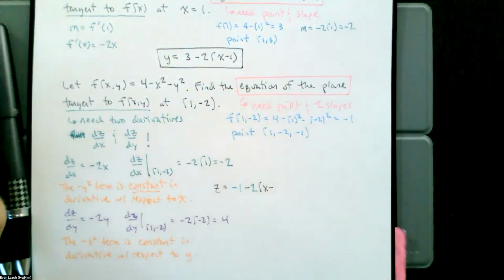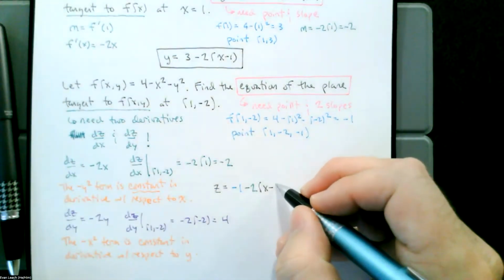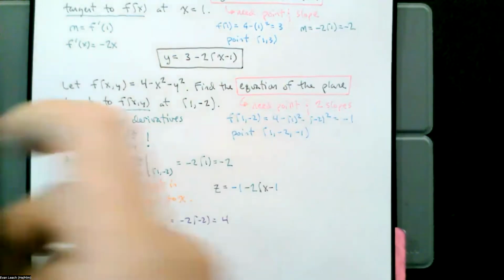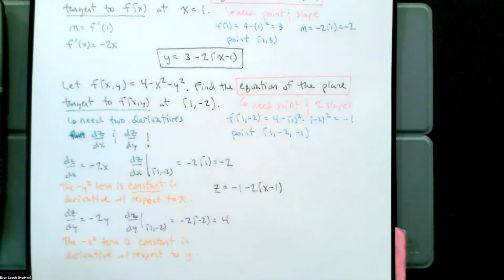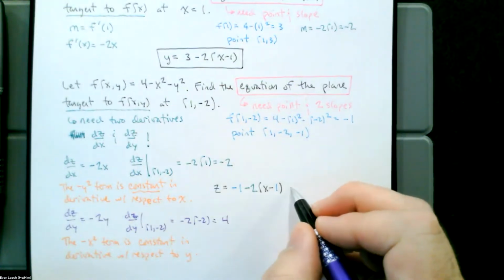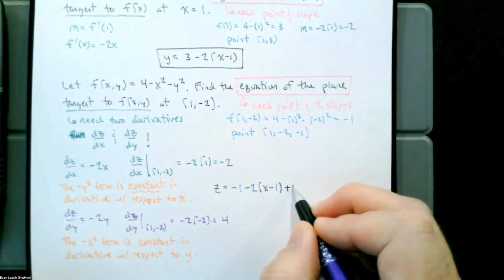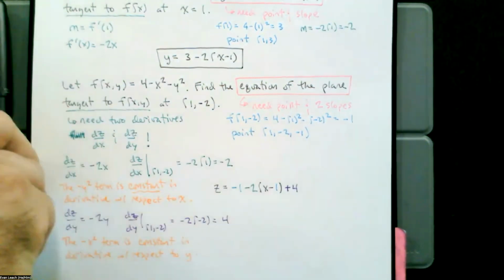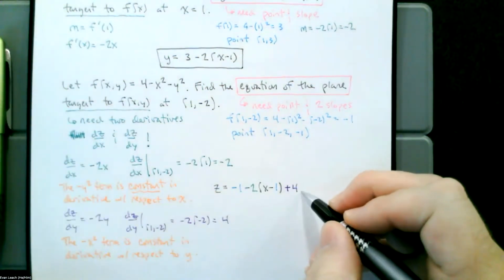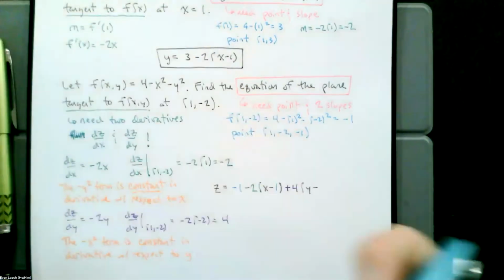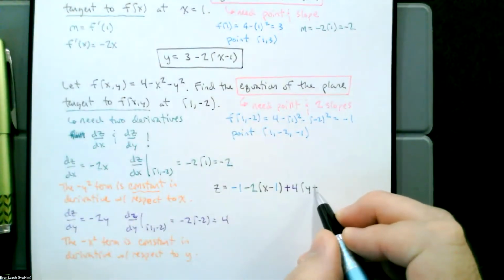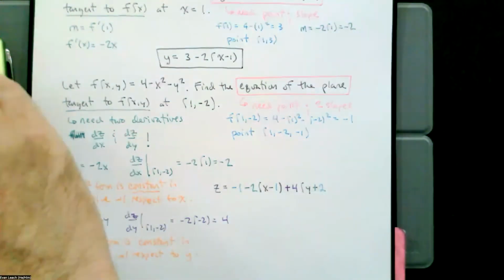And x naught is 1. dz dy is 4 times y minus y naught. And in this case, y naught is negative 2.